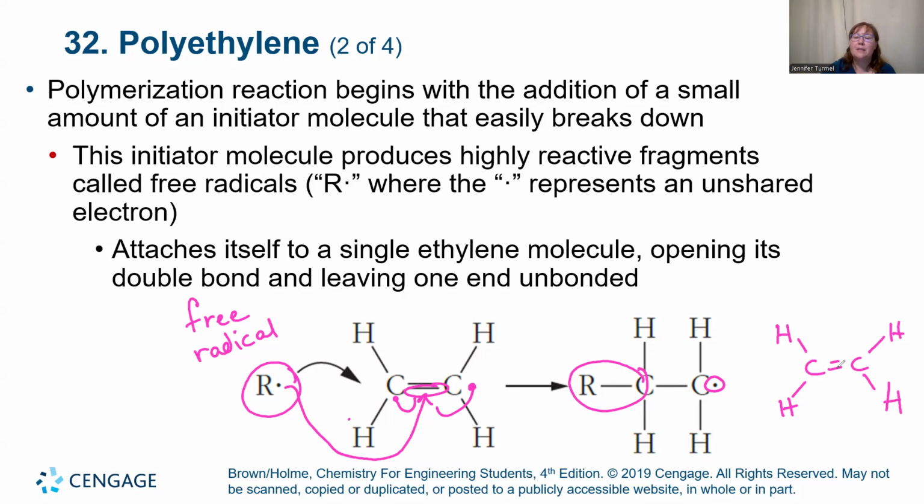This double bond comes out here, so I can erase this second double bond and draw a bond up to there. The second electron from that double bond comes here, and now it's ready to attack another one. That's how you make polyethylene, with this kind of chain reaction.